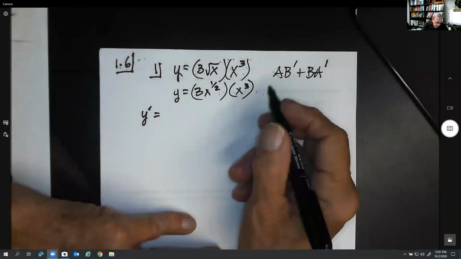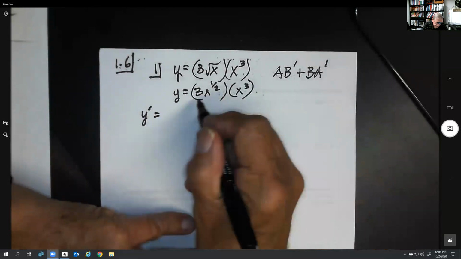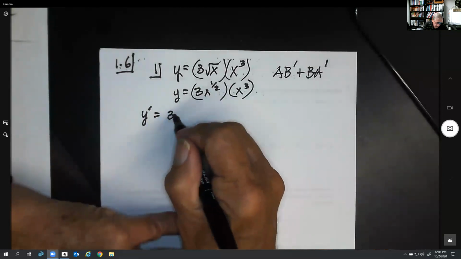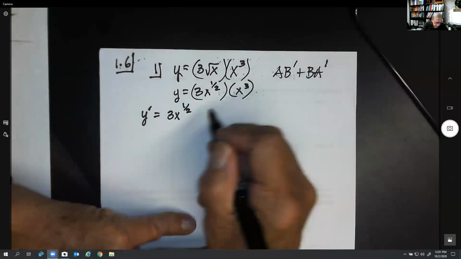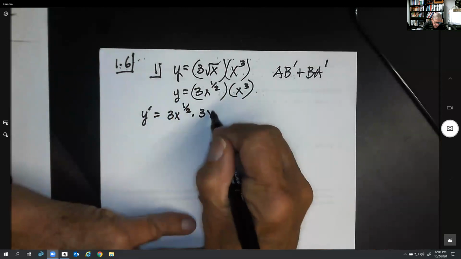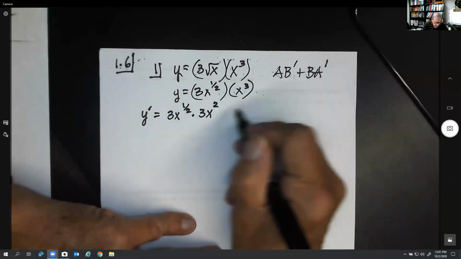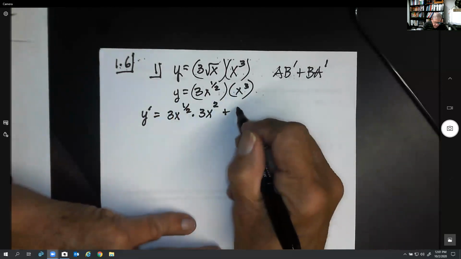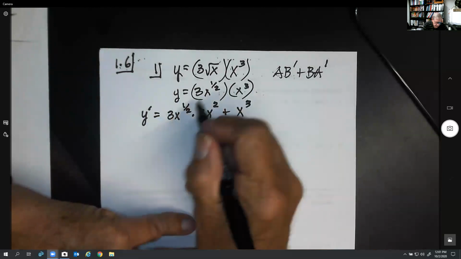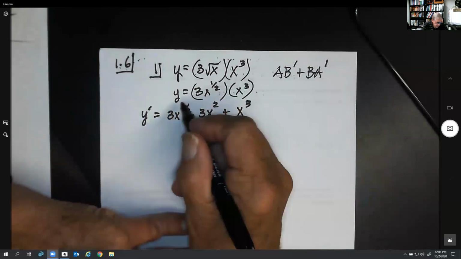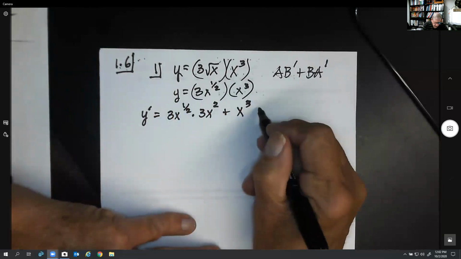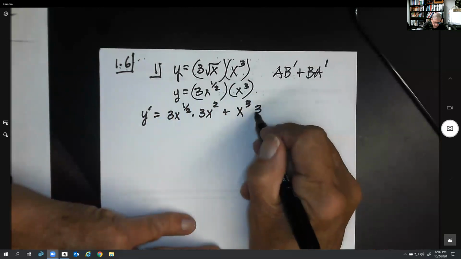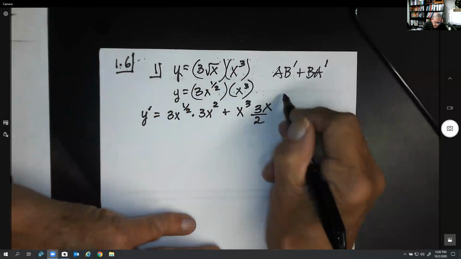The first derivative is equal to a, which we're not doing anything to, times the derivative of b, which would be 3x squared, plus b times the derivative of a, which is 3/2 x to the negative 1/2.